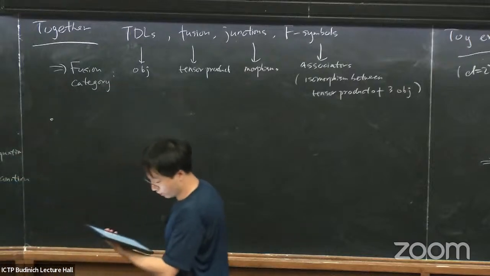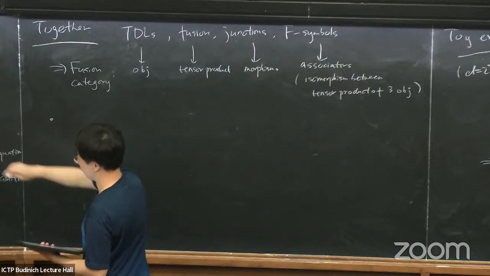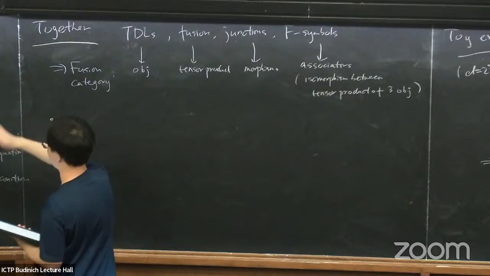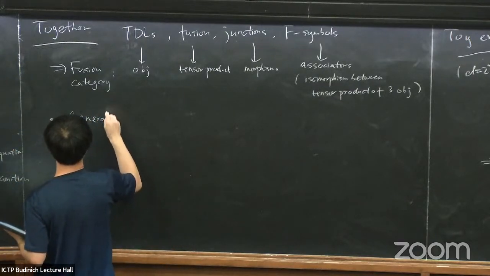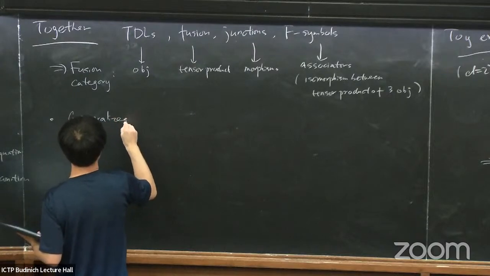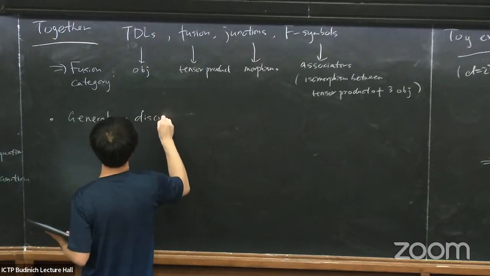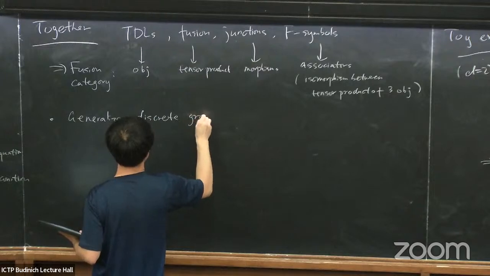And this fusion category structure, as we already saw from various parts of this structure, it generalizes discrete group symmetry. Okay.